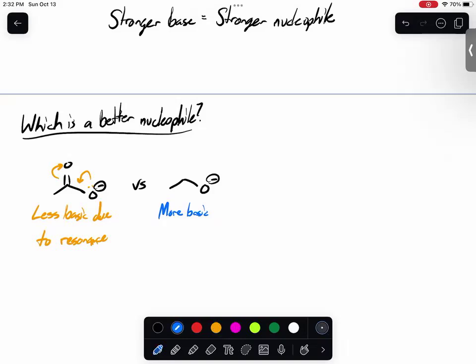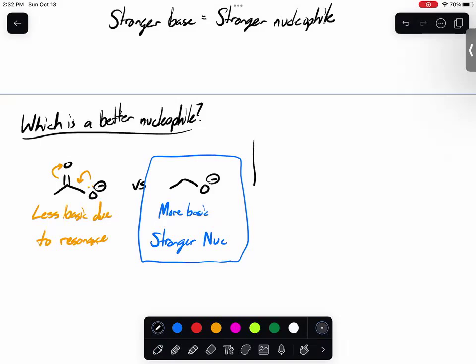Also, this does end up being a stronger nucleophile. So this tracks with that idea that things that are stronger bases are also stronger nucleophiles. Another example of this would be, let's say we did something like NH minus versus an O minus. Which one would be a better nucleophile? Well, we know that generally the nitrogen is more basic, and thus it's a stronger nucleophile.